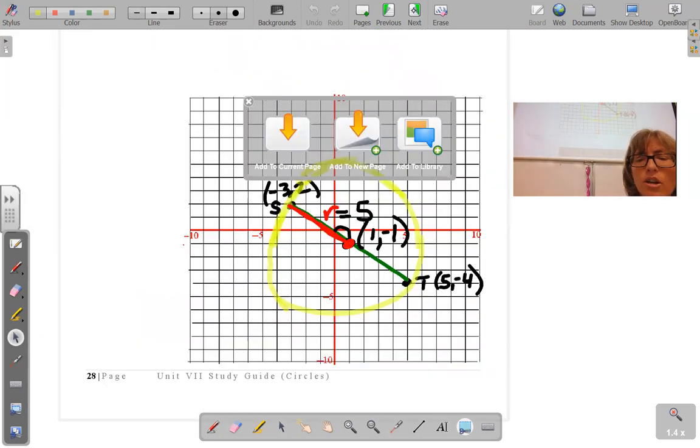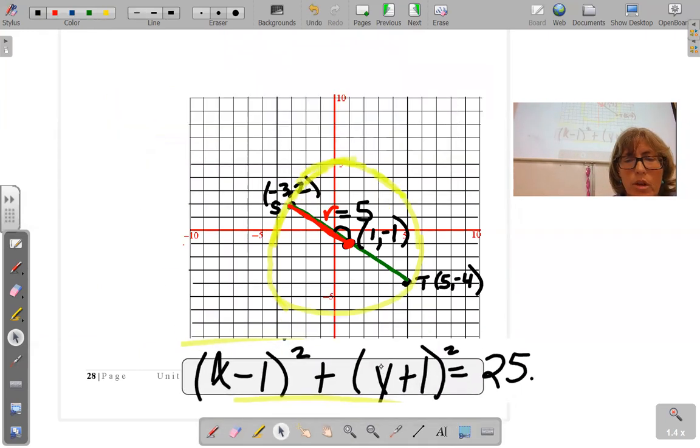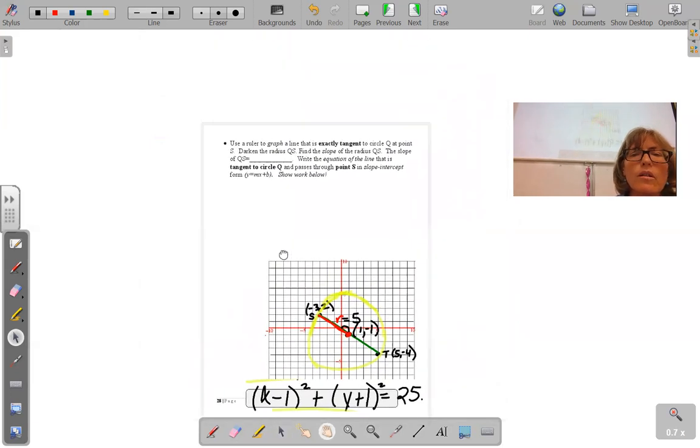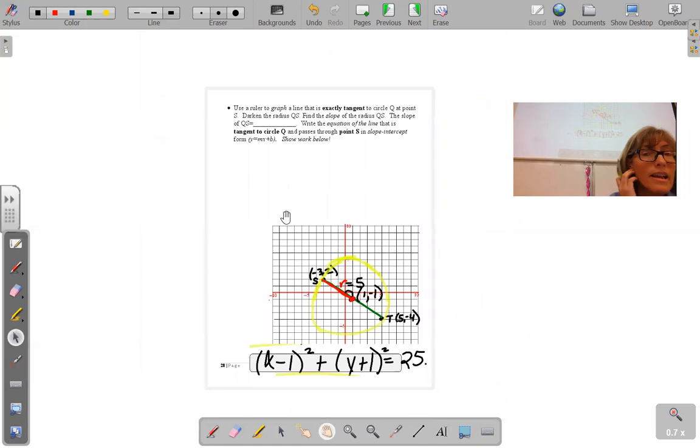This is the equation of this circle. Let's come back here and round out our circle. Now that we know the radius is 5, from the middle, go up 5: 1, 2, 3, 4, 5.